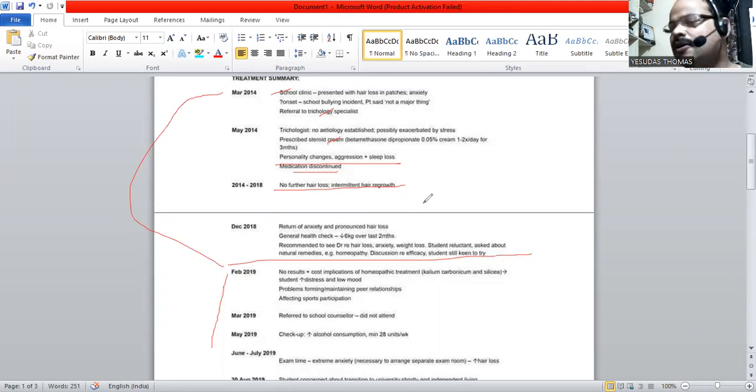After that we have the return of the hair loss. Pronounced hair loss is observed. Then we have the weight loss. We recommended him to see a doctor, but he insisted he would go with homeopathic therapy. So this is what we have seen in the past medical history.